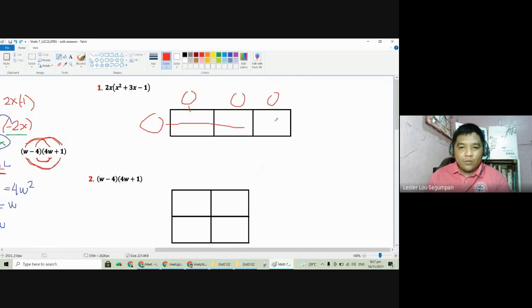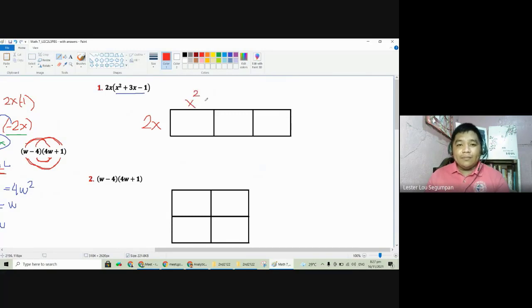Let us start with number 1. In number 1, we have a monomial 2x, and let us place 2x here, as this is actually the area with one grid only. As for the trinomial, let us place each of the terms in separate grids. To do that, we will have here the first term x squared.